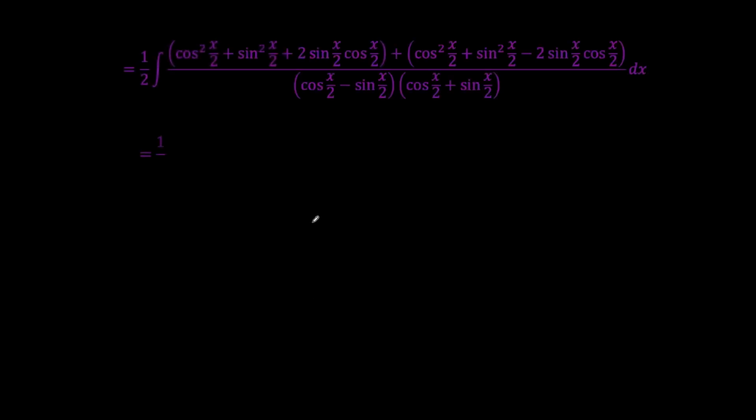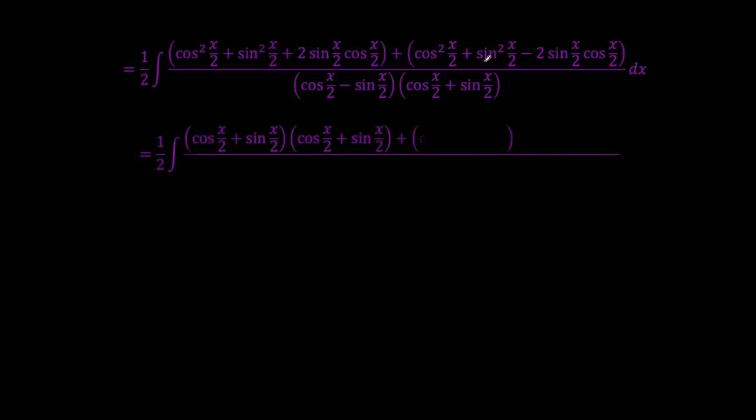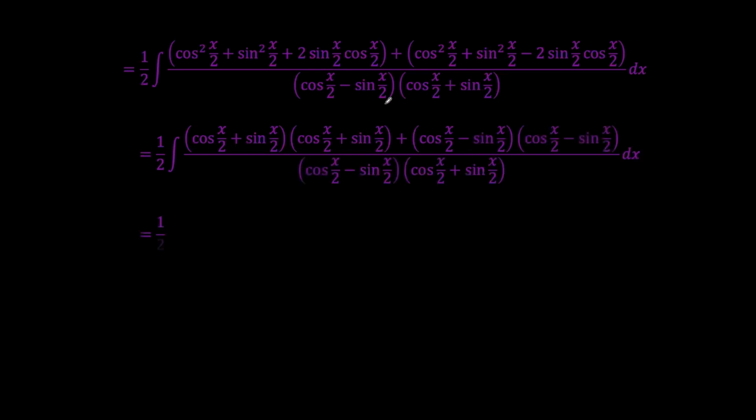So we can now distribute things in the numerator, because this is the same as cosine x/2 plus sine x/2 squared. And then this is the same as cosine x/2 minus sine x/2 squared, right? Now we can just split that numerator so that we have this first half with the same denominator, the second half with the same denominator.